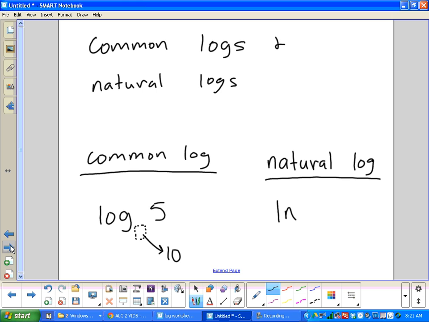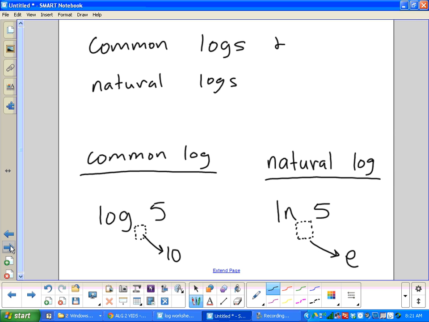Now, on a natural log, let's say we're trying to find the natural log of 5. Of course, you have a natural log button on your calculator also. The thing again about a natural log is the base is not given, but instead it's understood. So the understood base of a natural log is the number e.